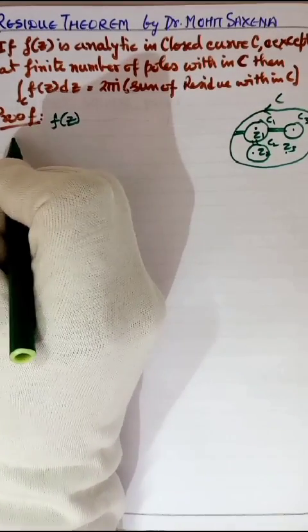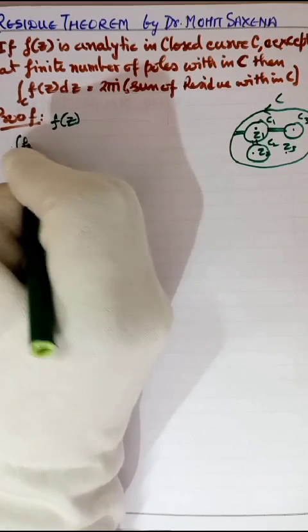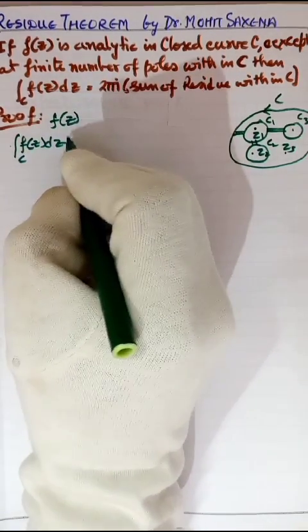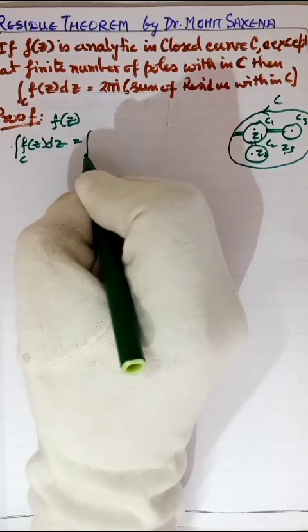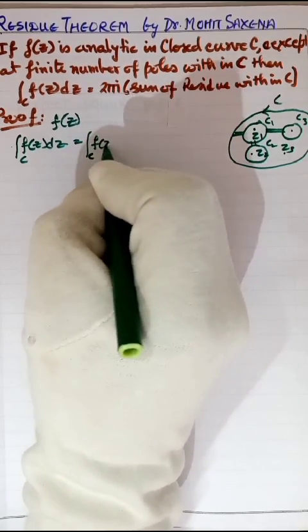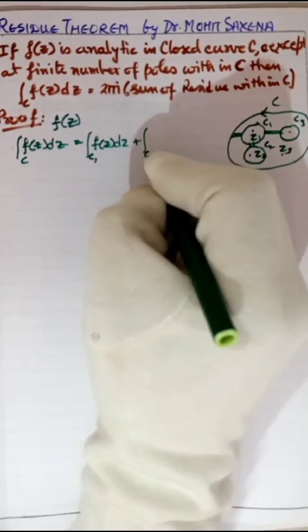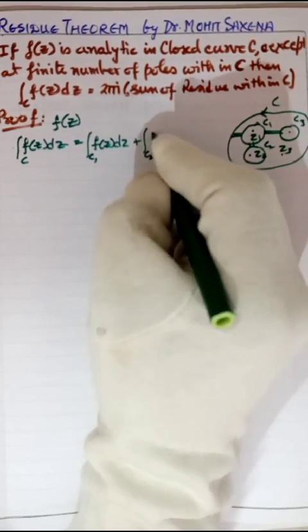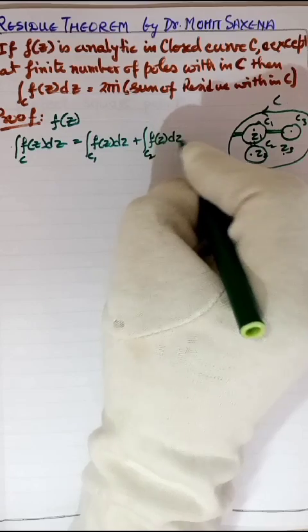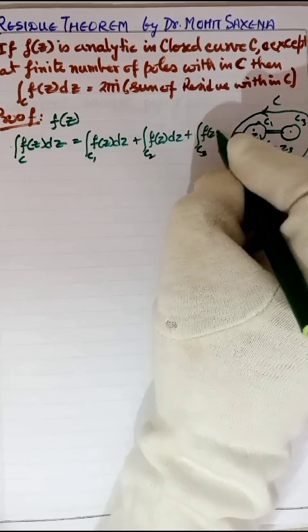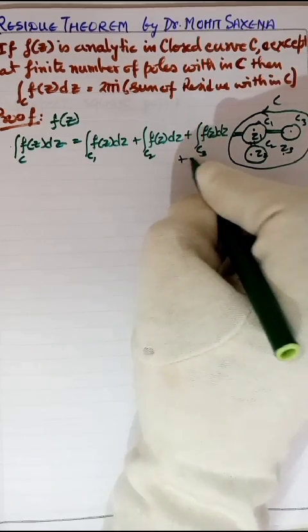Now by Cauchy theorem we know that the integral of f(z) dz over C is equal to the integral over C1 plus the integral over C2 plus the integral over C3 and so on.